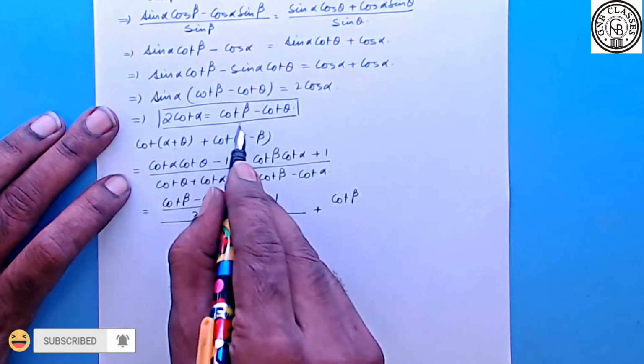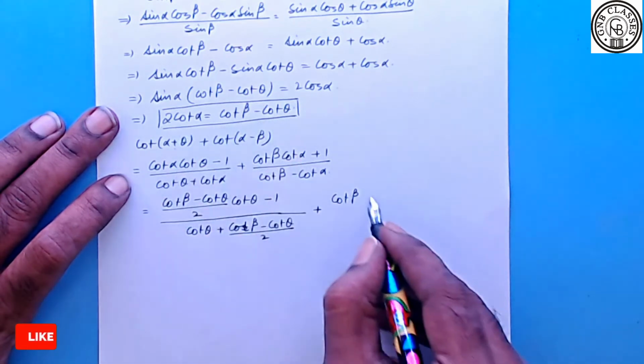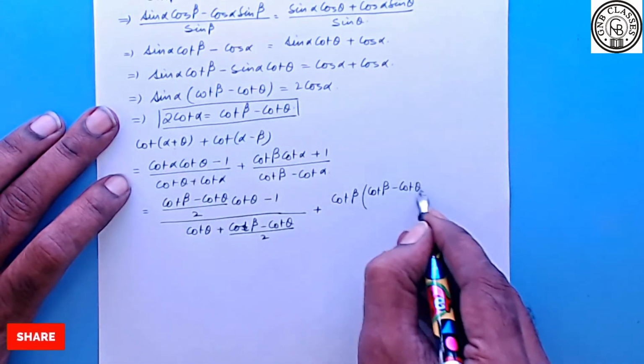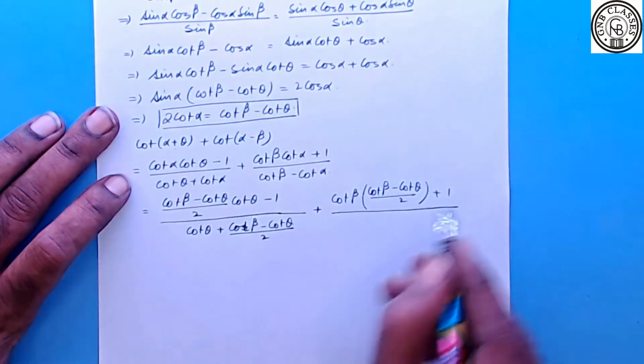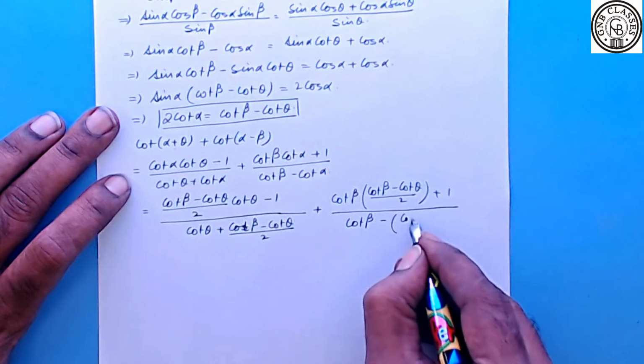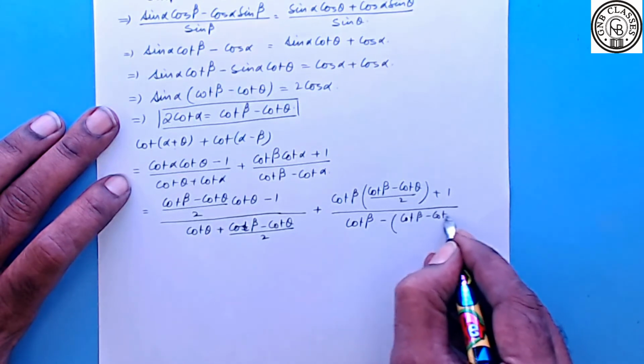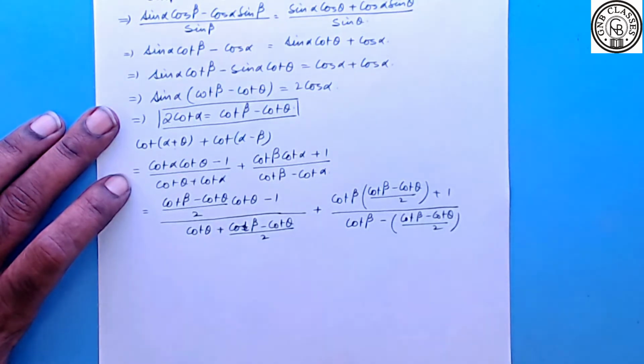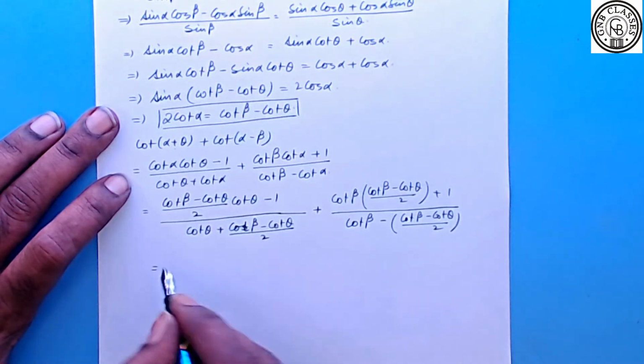Cot alpha, replace it by cot beta minus cot theta divided by 2, divided by, so let me simplify.